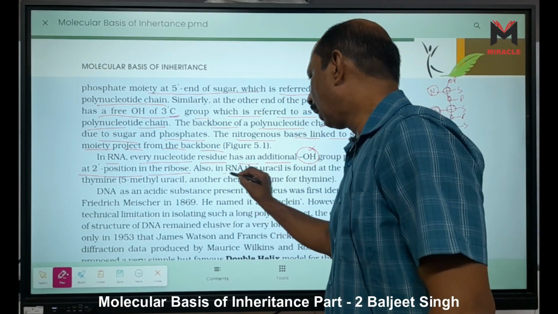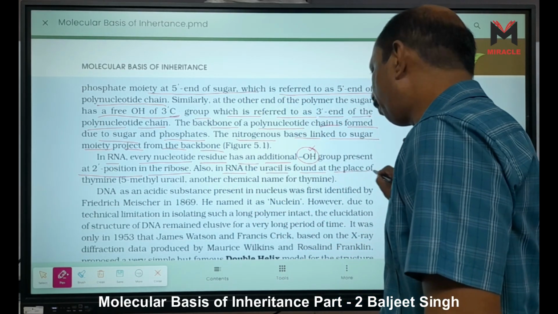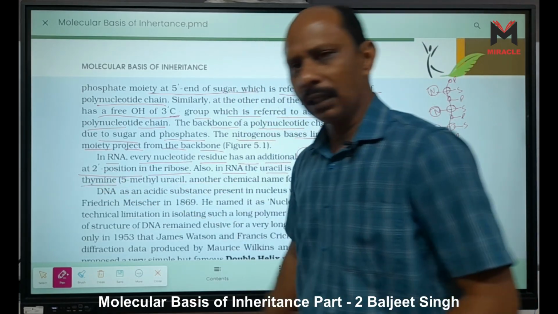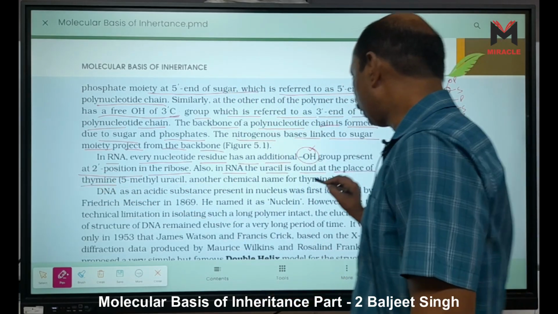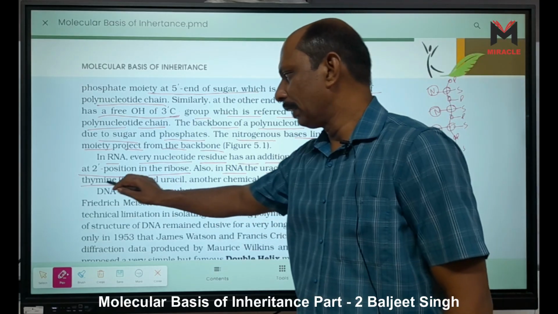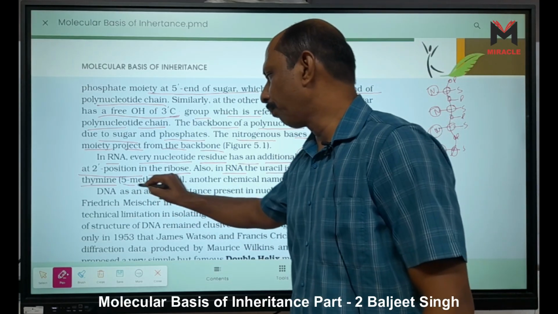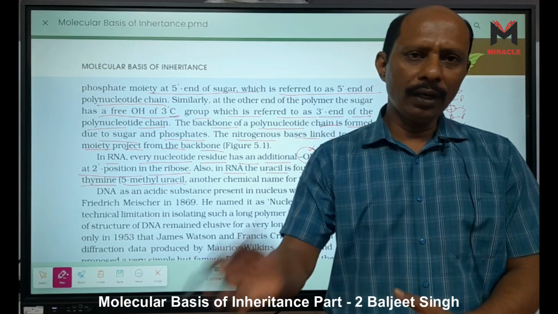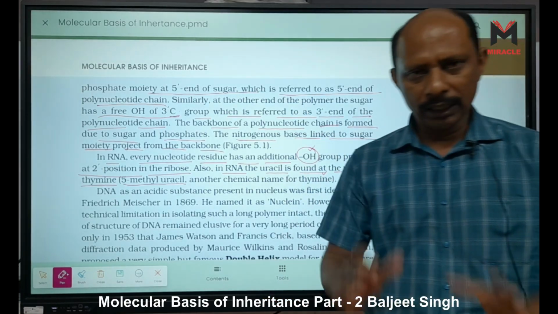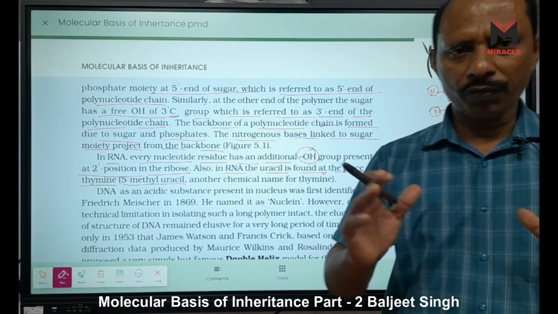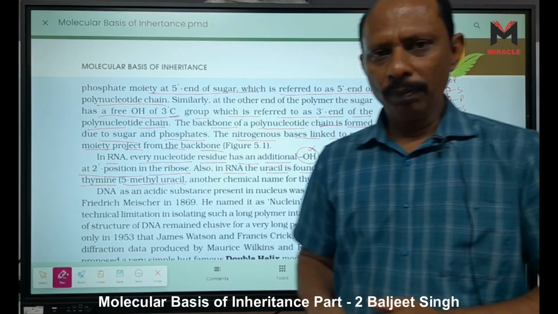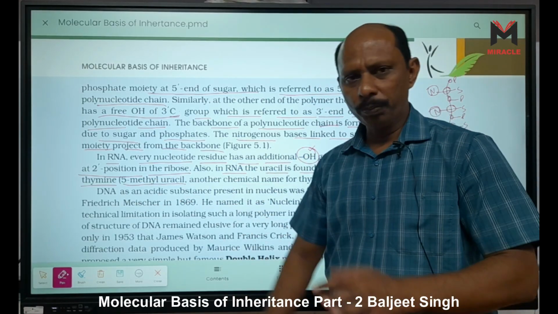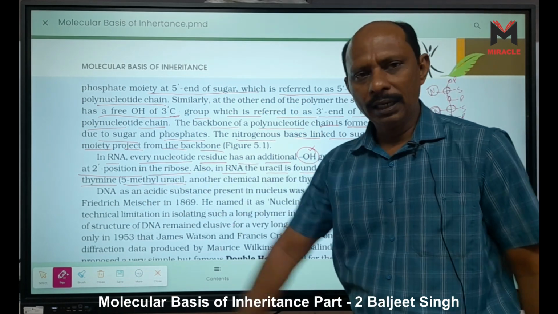Also in RNA, uracil is found in the place of thymine. Second is difference. Uracil is present in place of thymine, and this thymine is also called 5-methyl uracil, because in the previous lecture, when I told you the structure of uracil and thymine, I told you that in place of the H group in thymine, it is CH3.